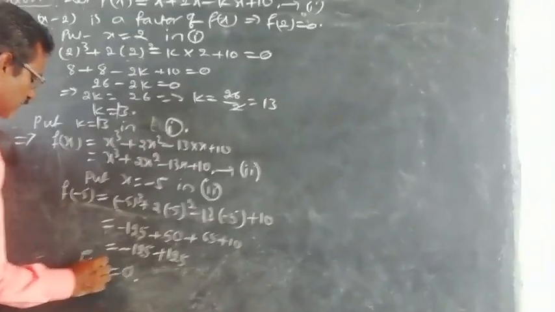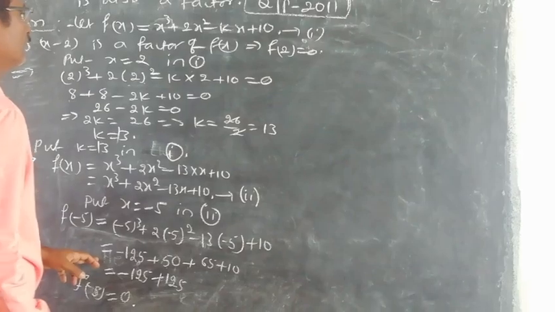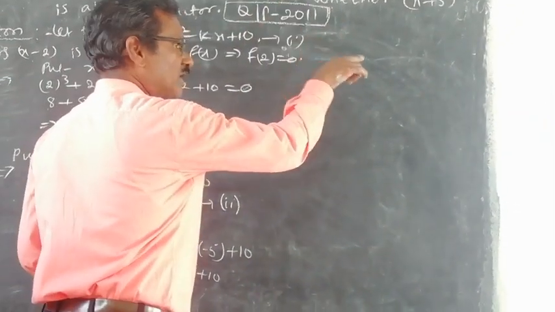Now, if f of minus 5 is equal to 0, by the factor theorem, x plus 5 is also a factor.